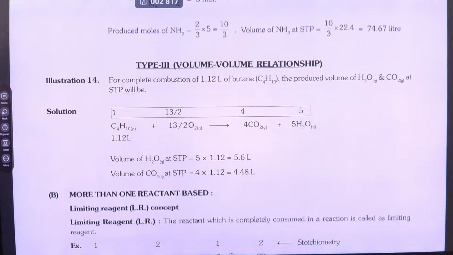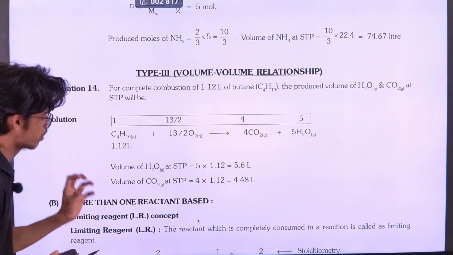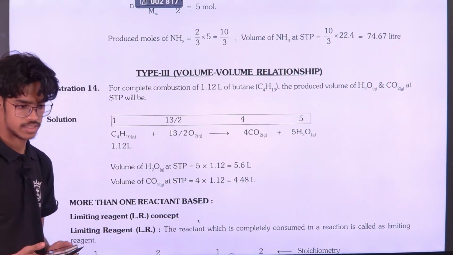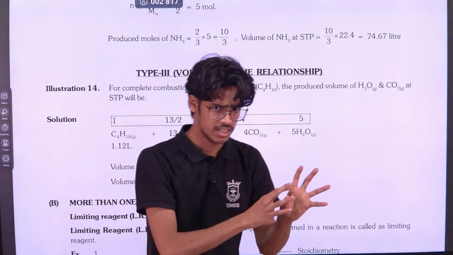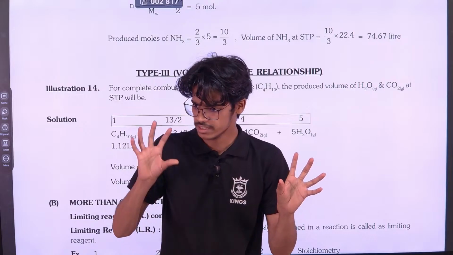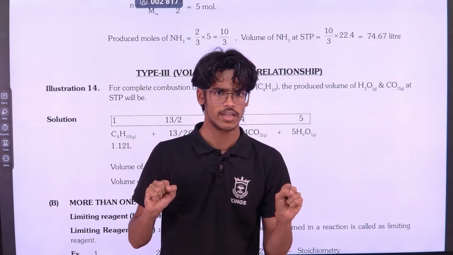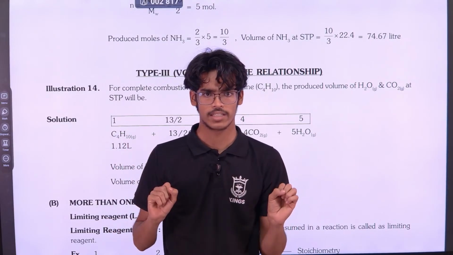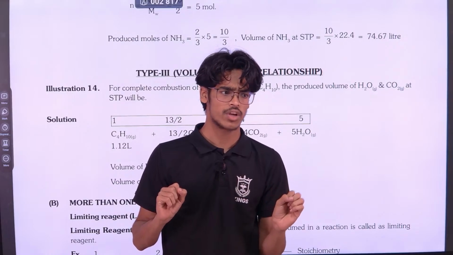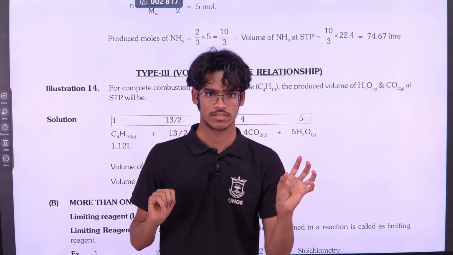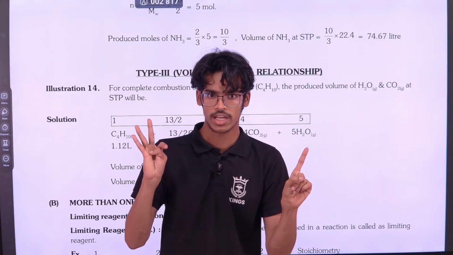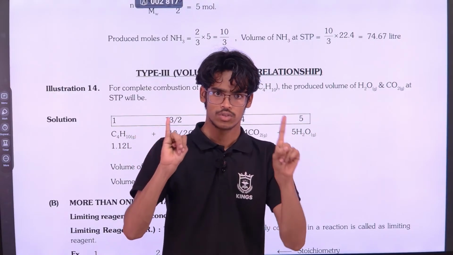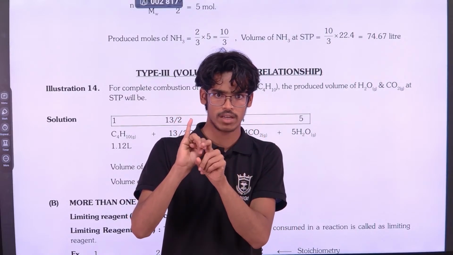Now there is a concept of limiting reagent. See, I'll tell you one simple concept. If you have 1 liter of one reactant which needs 3 liter of the other, so 1 liter will react with 3 liters. Now what if in the reaction you have 1 liter of this and 4 liter of this? What will happen? This 1 liter will react with the 3 liters. So after reacting they will convert into product.